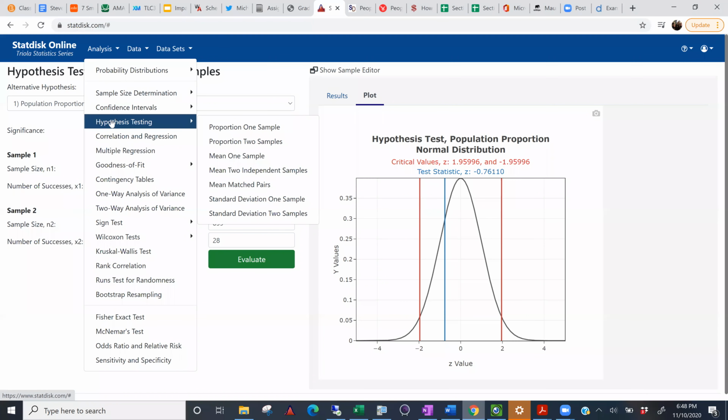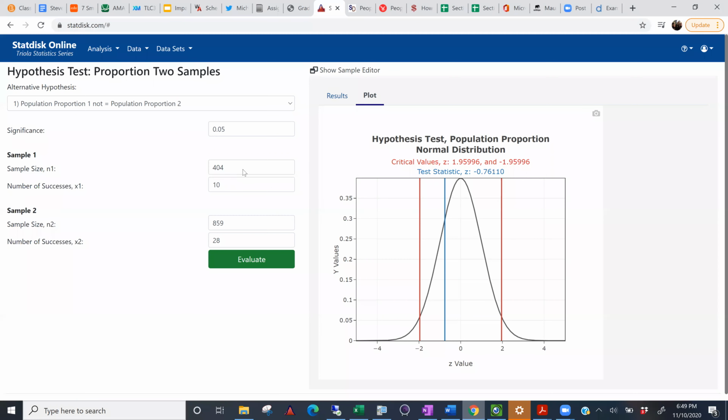Marla, which one of these do you think I should select? Proportion one sample, proportion two samples, mean one sample, mean two samples, independent, mean matched pairs, standard deviation, 1 and 2 samples. Anyone? Mean two samples. Mean 2 samples, thank you.